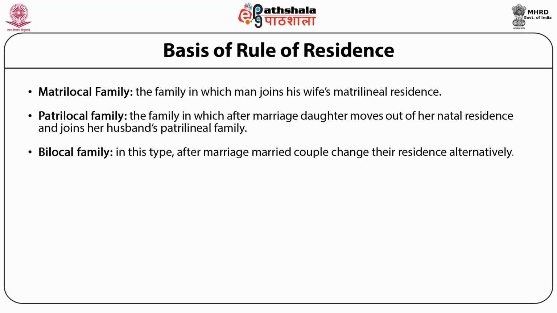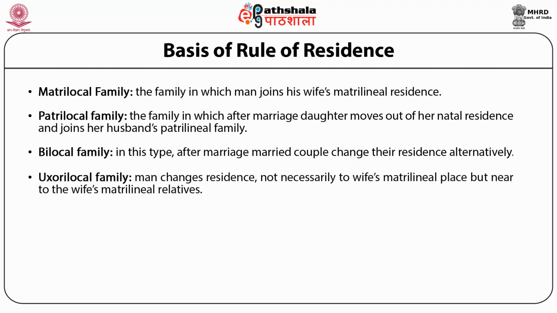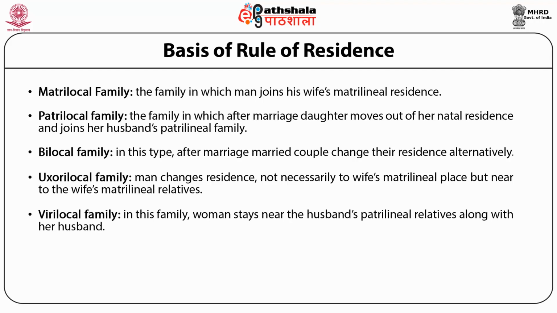Then comes the fourth category, auxiliary-local family. The man changes residence, not necessarily to the wife's maternal place, but near to the wife's matrilineal relatives. Examples, Nayars of Kerala. Virilocal family. In this family, the woman stays near the husband's patrilineal relatives along with her husband.